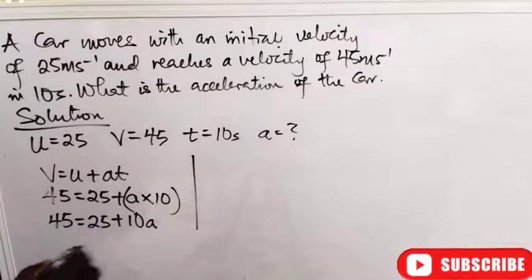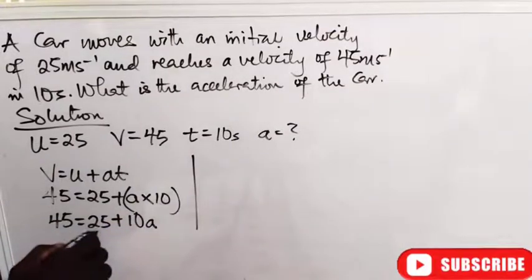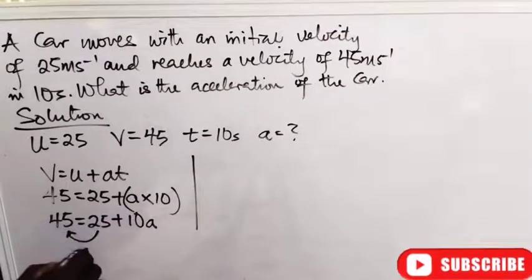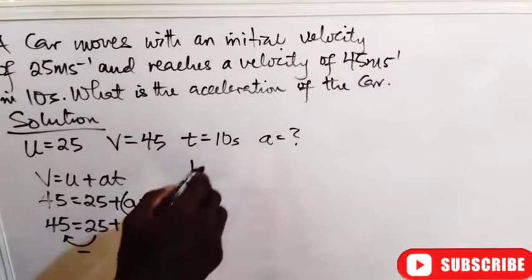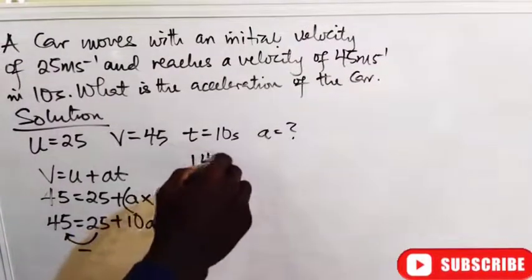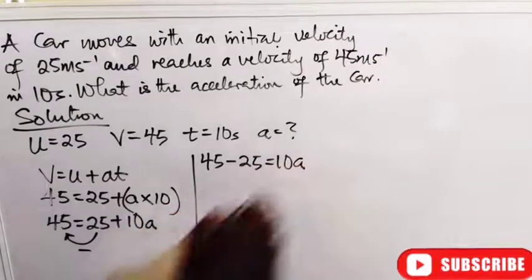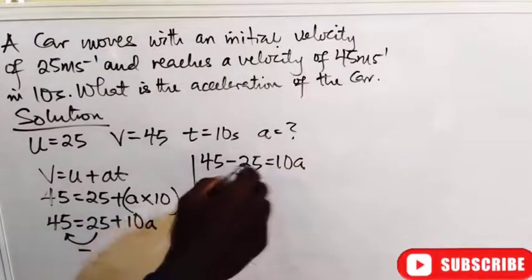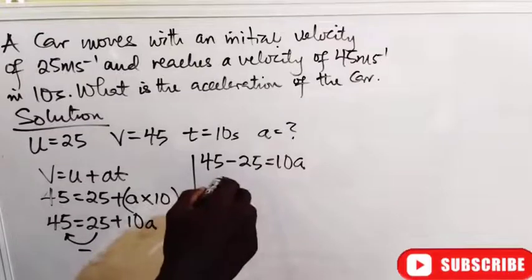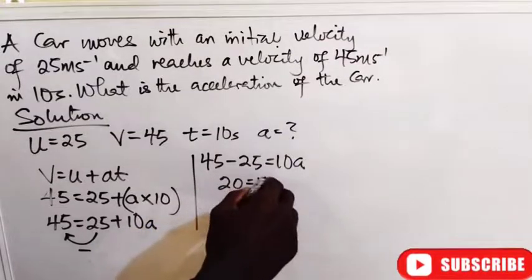Now we can collect like terms, so transposing this over to this side, this one becomes negative. So here we have 45 minus 25 equals 10a. Alright, 45 minus 25 will give us 20 equals 10a.